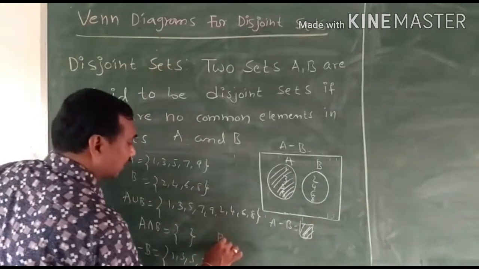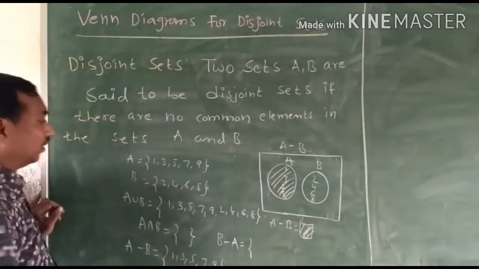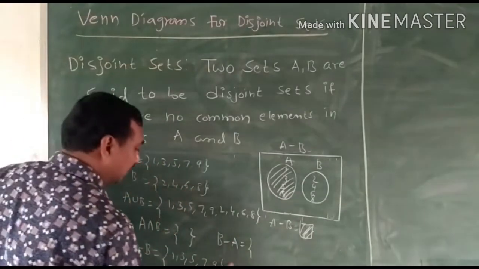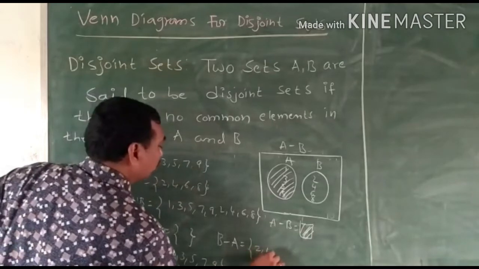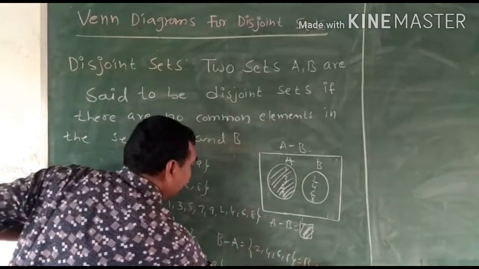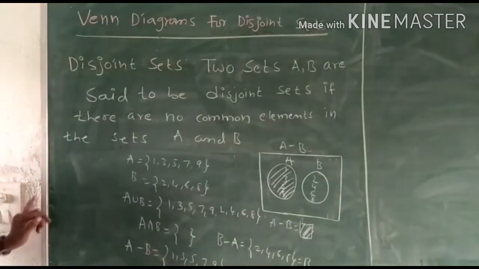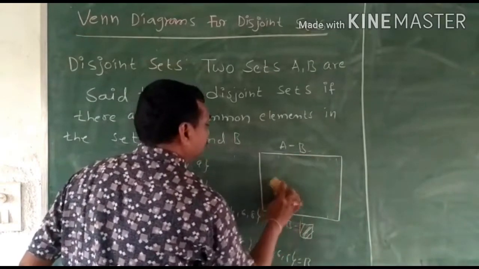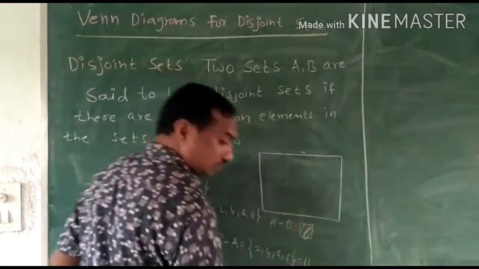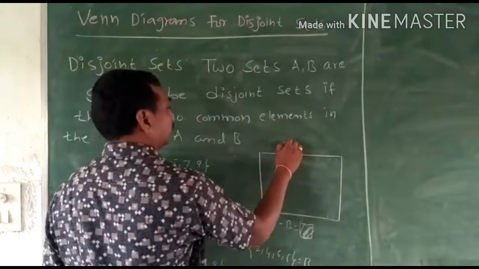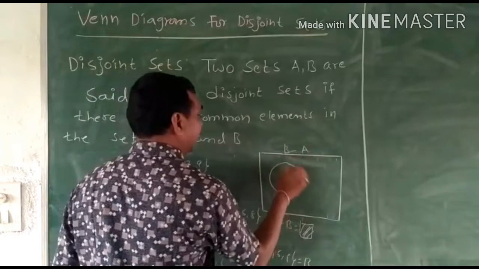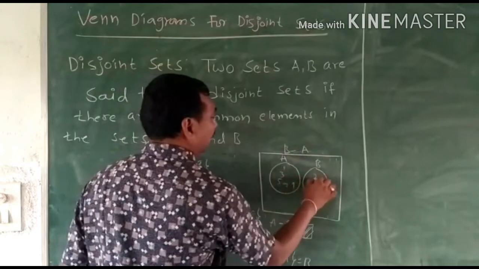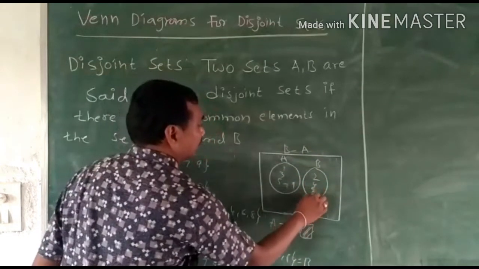Similarly, if you take B minus A, all the elements in B are not in A. Therefore, B minus A equals 2, 4, 6, 8, which is again B. For B minus A, we need to take the Venn diagram with A and B, 1, 3, 5, 7, 9 and 2, 4, 6, 8.